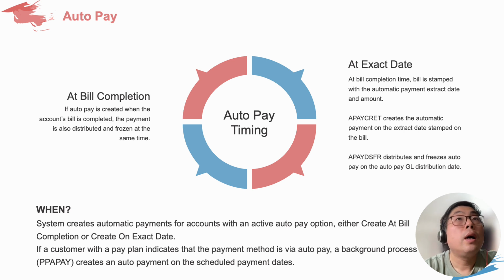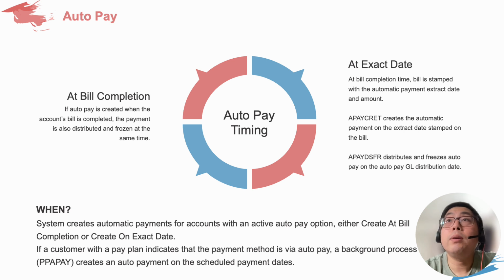If autopay is created for the account, when the account bill is completed, the payment is already taken, because it is assumed the payment is taken at the point the bill is completed. Because it's autopay, it would be extracted at a particular date.